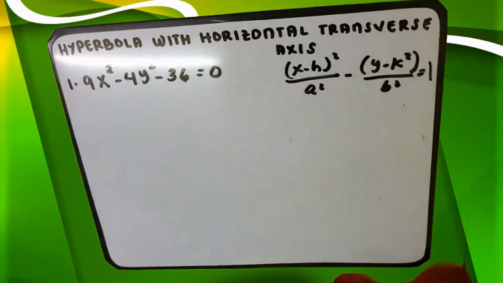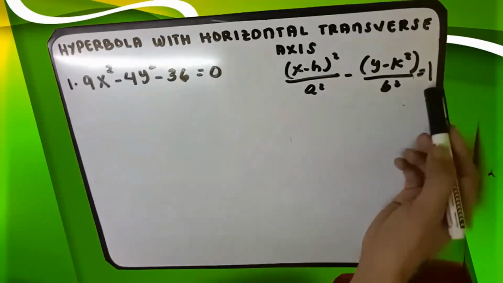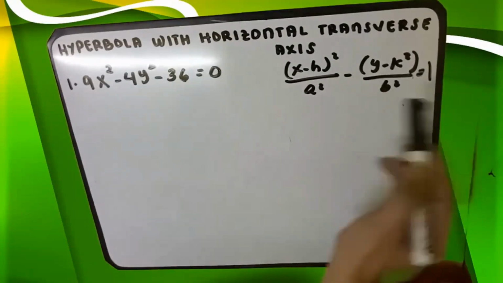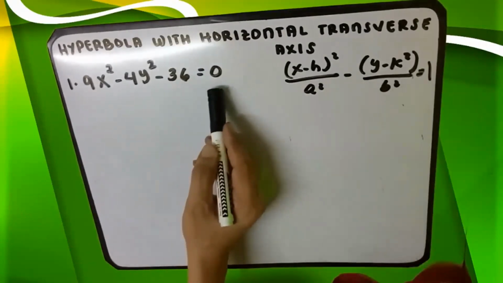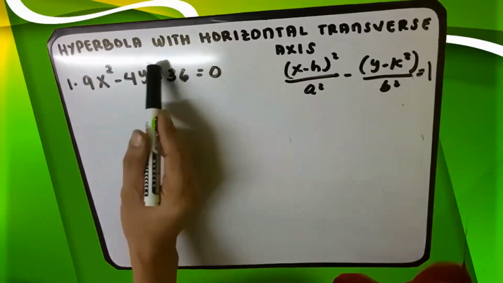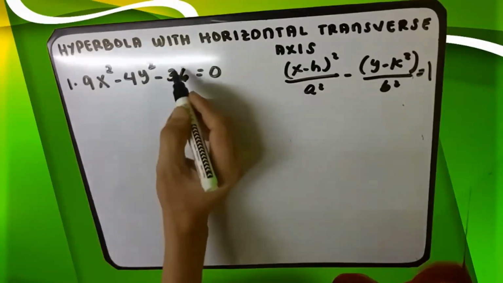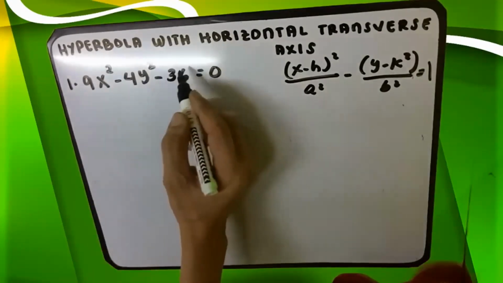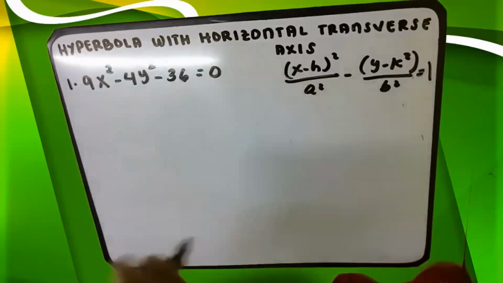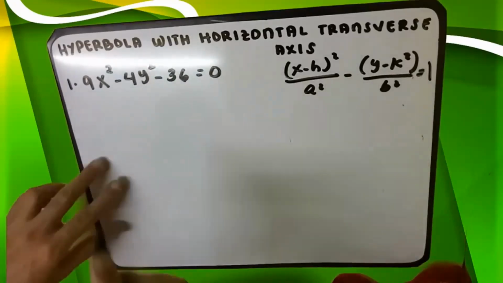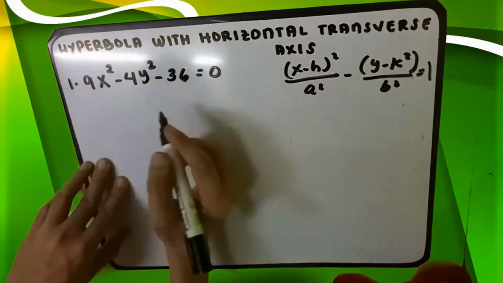So una nating papansinin, yung standard form na naka-equate sa 1. Pero ito, naka-equate siya sa 0. So una nating gagawin is ita-transpose si negative 36 sa kabilang side ng equal sign using APE, addition property of equality.